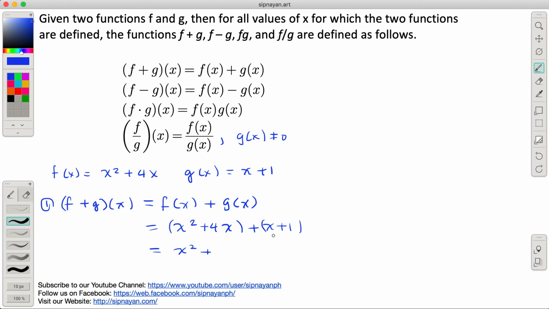What is 4x plus x? That's 5x plus 1. So f plus g of x is equal to x squared plus 5x plus 1.